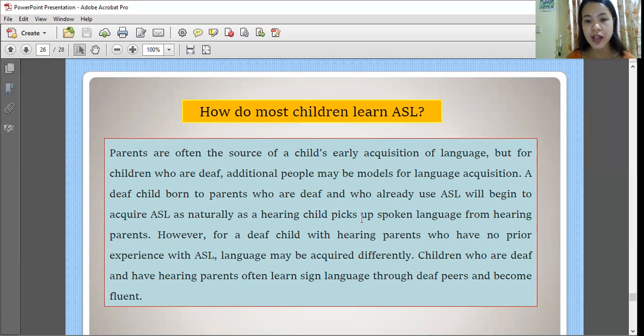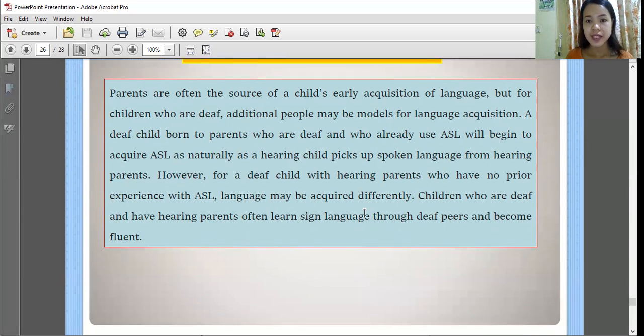However, for a deaf child with hearing parents who have no prior experience with ASL, language may be acquired differently. Children who are deaf and have hearing parents often learn sign language through peers and become fluent.